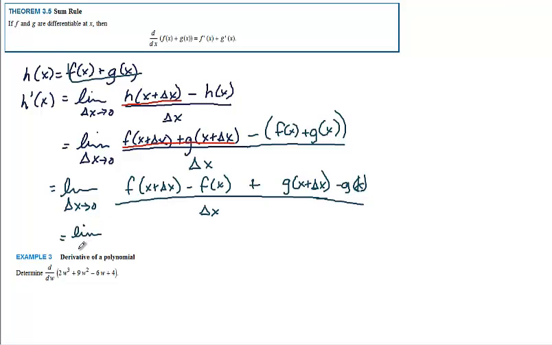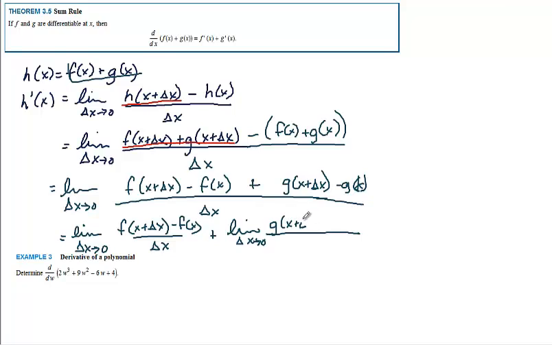So it's the limit as delta x goes to 0. I'm going to bust this into two separate pieces, and I can do that using my limit laws. The limit of f of x plus delta x minus f of x all over delta x, plus the limit as delta x goes to 0 of g of x plus delta x minus g of x all over delta x.